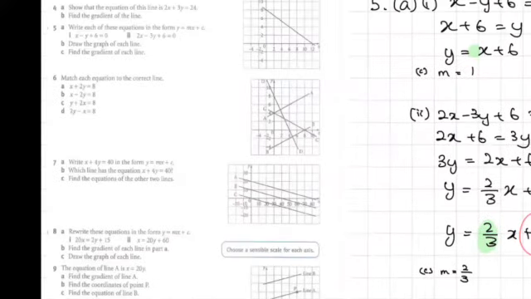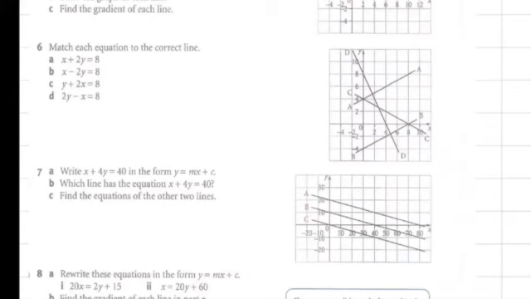They ask us to match each equation to the correct line. For me to do that, I'm just going to change all of them to y equals mx plus c first. So the first one, let's convert it. Second one: 2y equals 8 minus x. y equals negative 1 over 2 x plus 4, sorry.